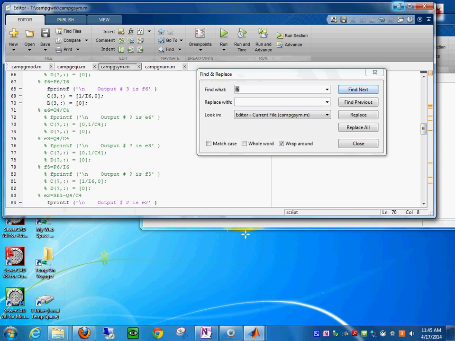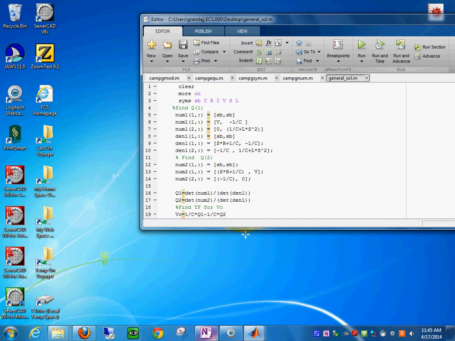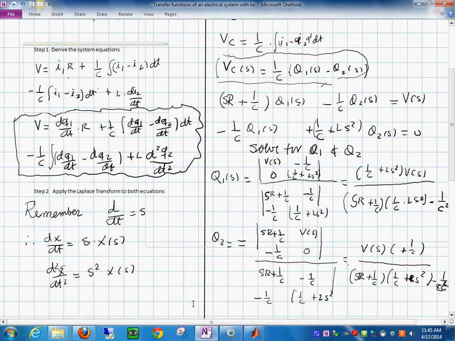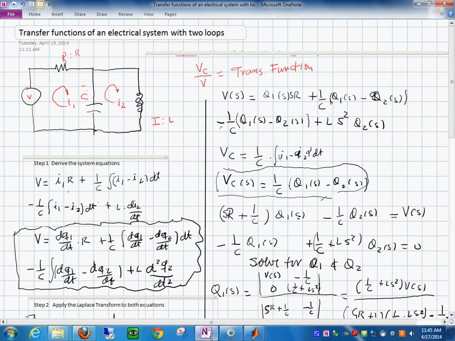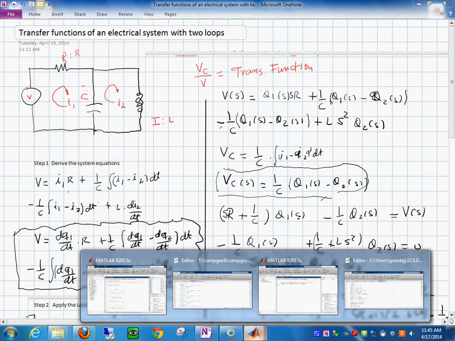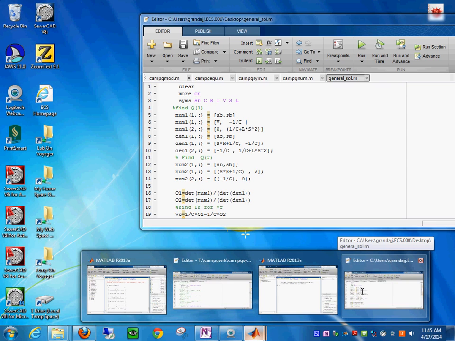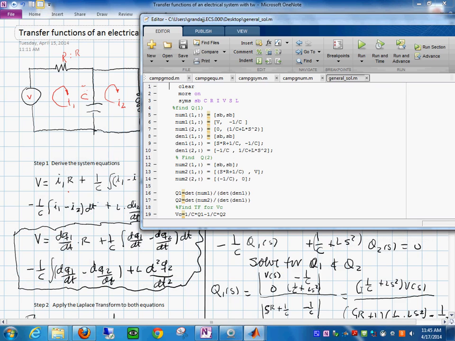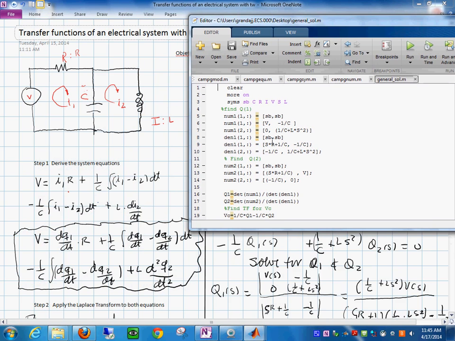I need the system, and that is over here on this one. And then, of course, I need this file that I have in here, but I also want the other one. There you go. Very good. You see here?